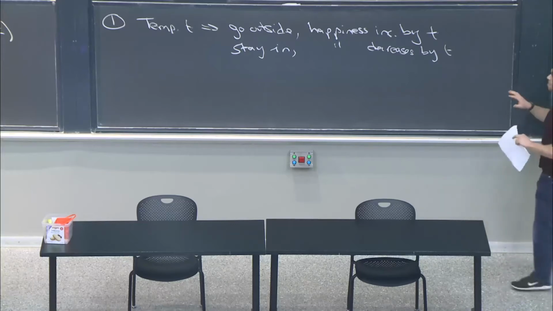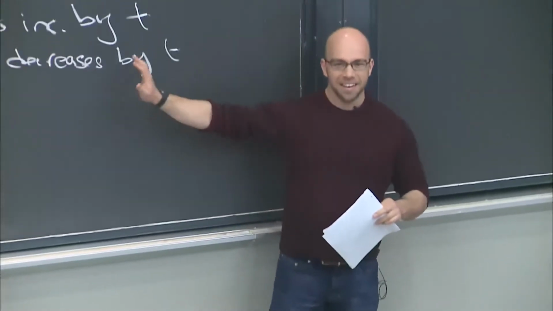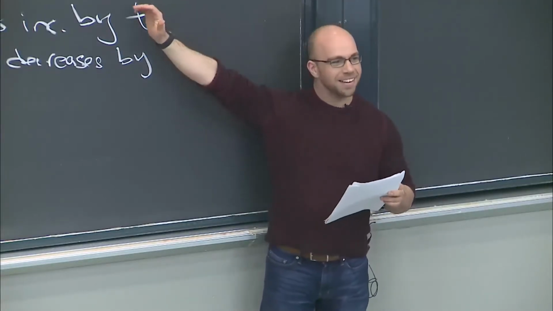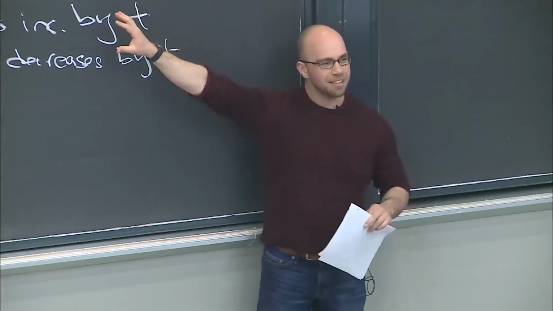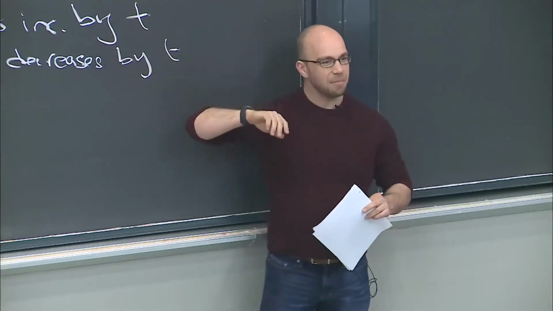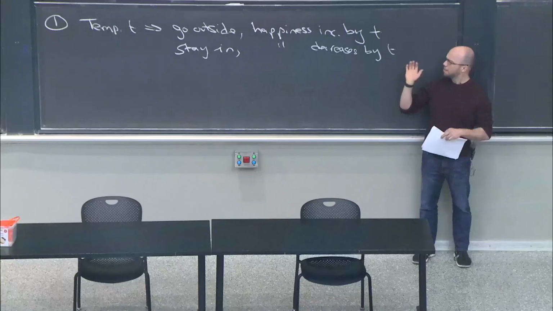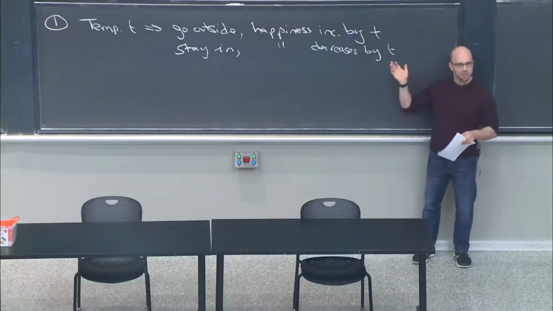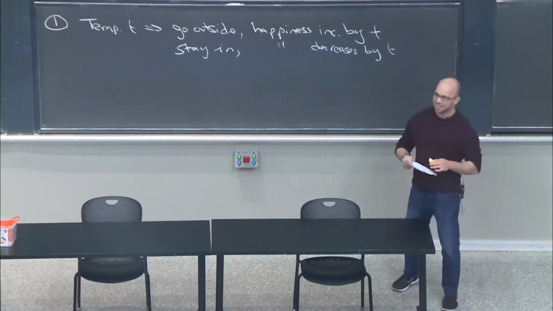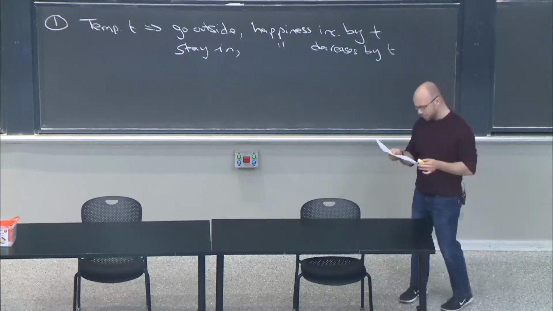In any event, he wakes up in the morning, he checks the weather, and he makes a determination: does he want to go outside or not? If he goes outside, he gets happier by an amount equal to the temperature. If he stays inside, he gets less happy by an amount equal to the temperature. By the way, I think our solution is perfectly fine if temperatures are negative here, in which case everything would flip intuitively, but there's no reason to get too hung up on that.